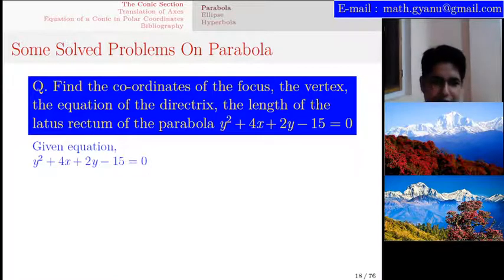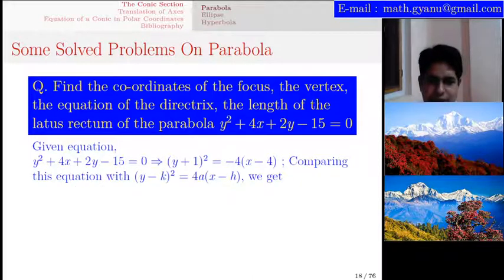This equation can be written as, after some steps of simplification, y plus 1 whole square equal to minus 4 times x minus 4. Now compare this with y minus k whole square equal to 4a times x minus s.